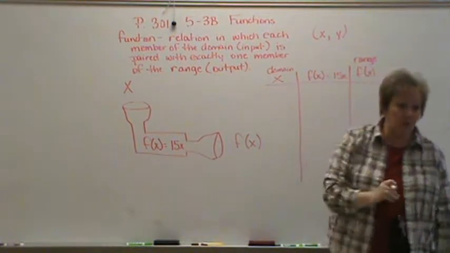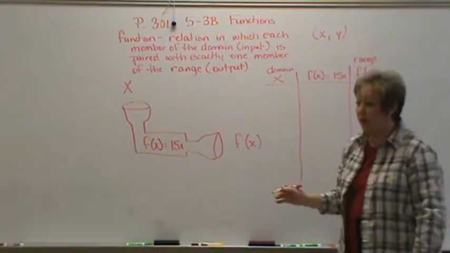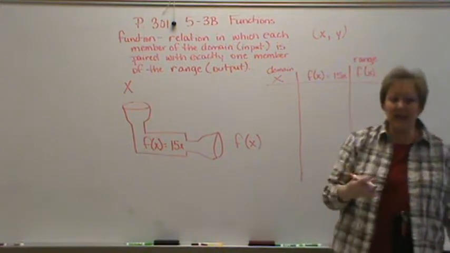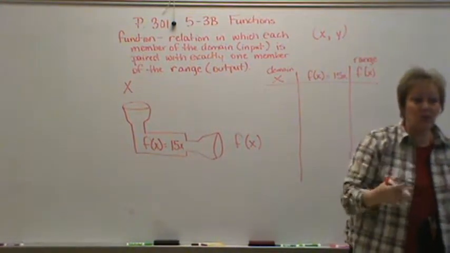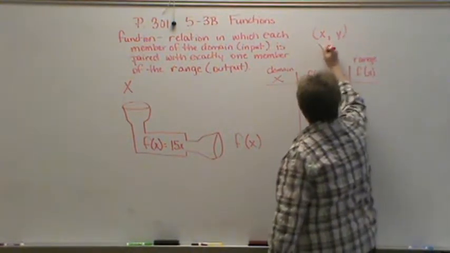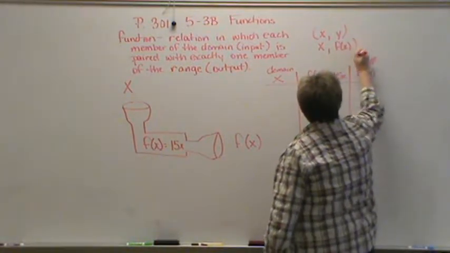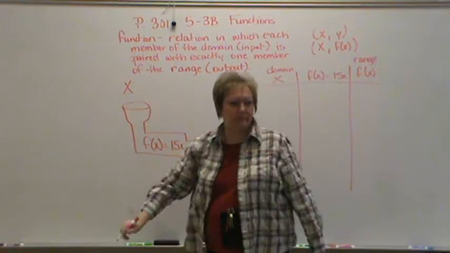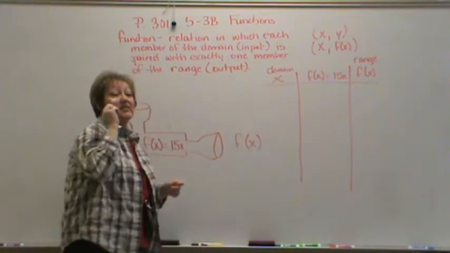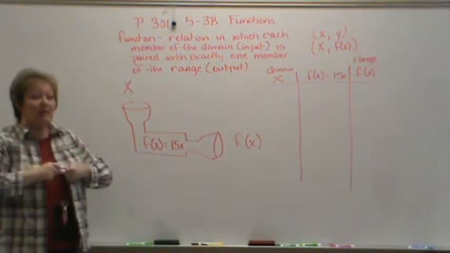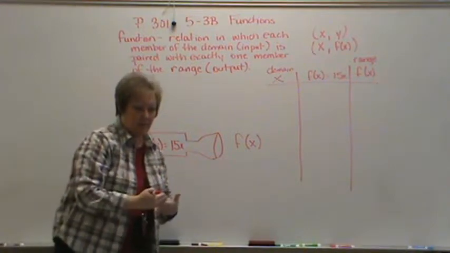Now, I think Coach McGuire may have told you last week, and I'm going to remind you, f of x is just a new way of saying y. Why not? That's what I told Coach. Why not just say y? Because sometimes we need to talk about things as function.